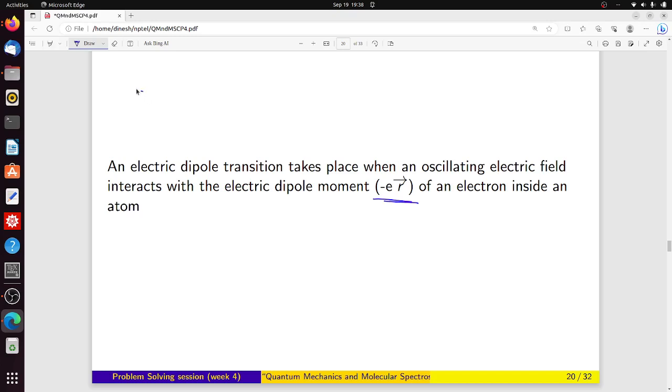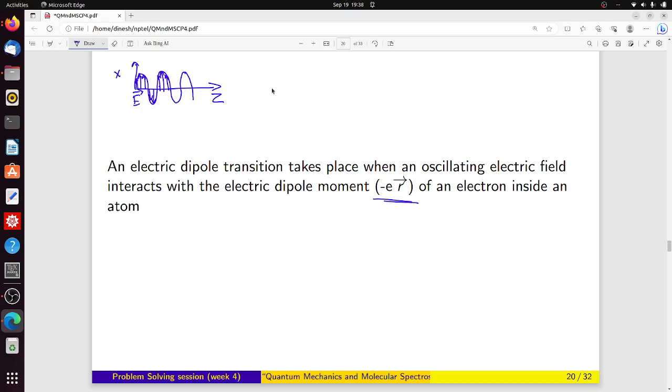So if we have some radiation, let's say some photon traveling in the z direction, then the electric field will oscillate perpendicular to this z direction, let's say the x direction. Right. So there will be some oscillation of the electric field perpendicular to the direction of motion of this radiation. Right.